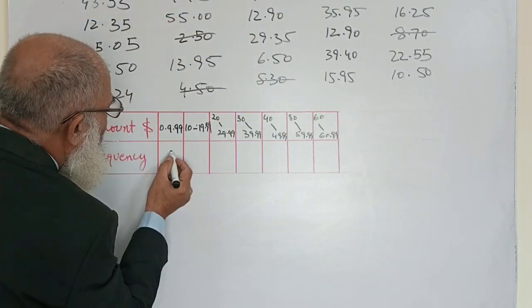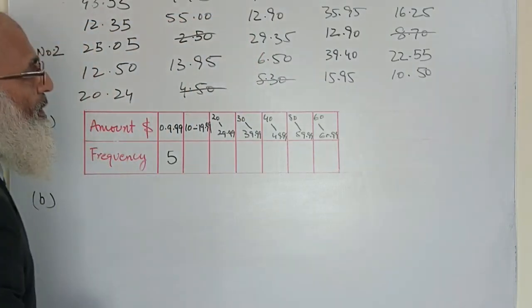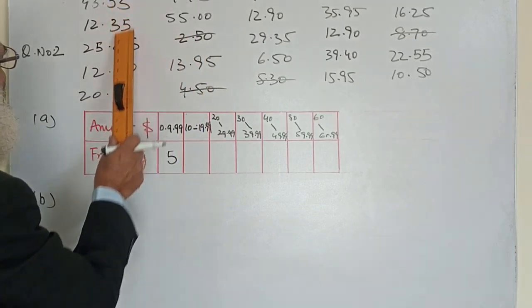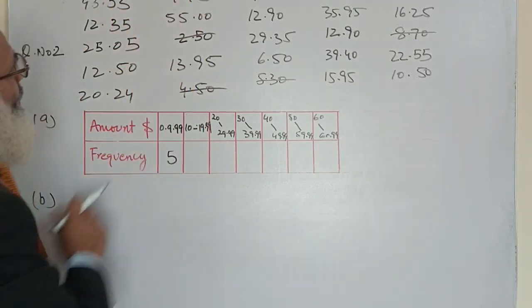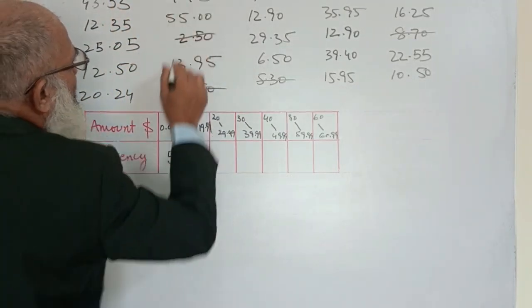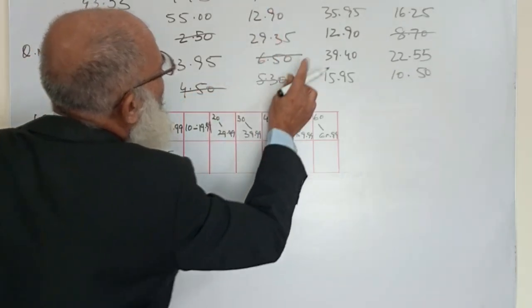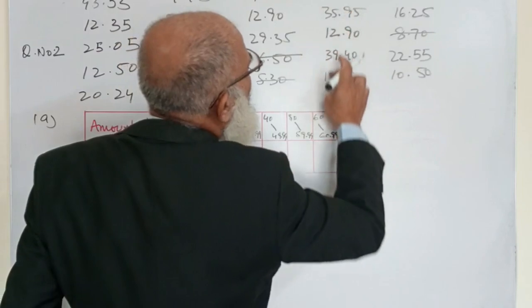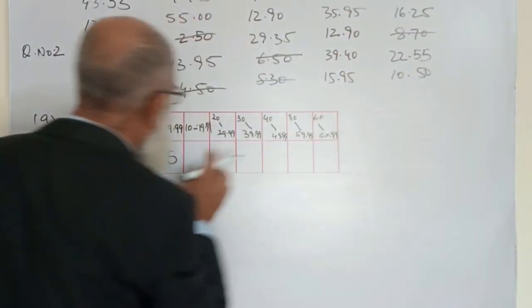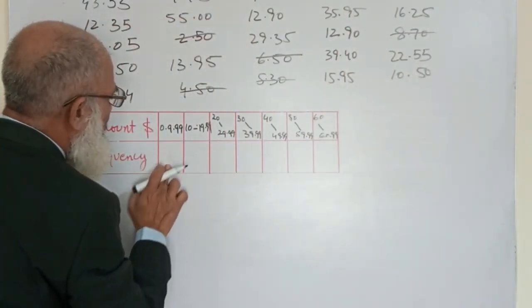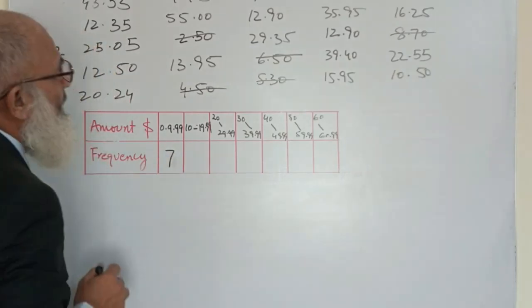There are five people over here. Let me check it again. Oh, there is one more. Six, seven. In fact, there are seven. The frequency is seven over here.